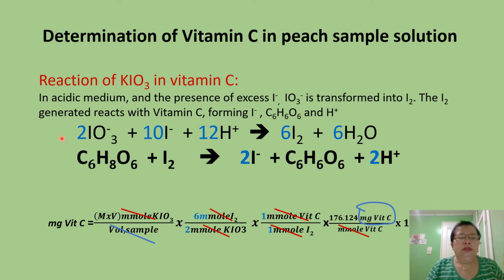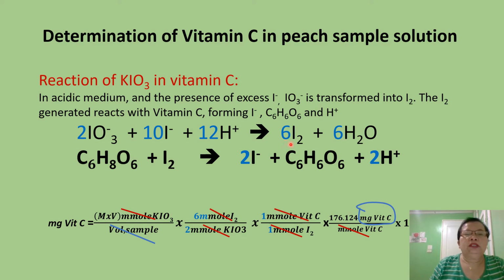Now, during the titration process, this potassium iodate, although siya ang atong titrant, there is no direct reaction with vitamin C. Instead, the potassium iodate reacts with the iodide ion and hydrogen ion from our vitamin C sample solution, generating a free iodine substance.